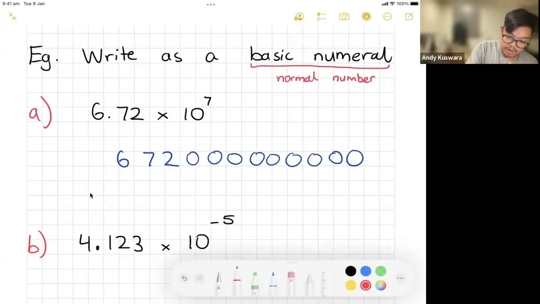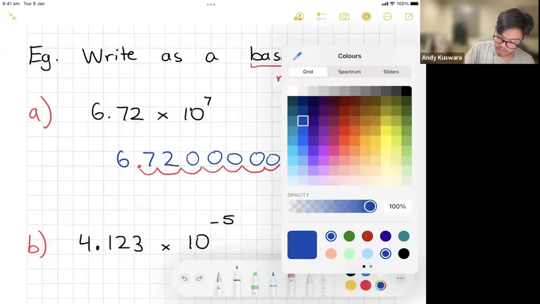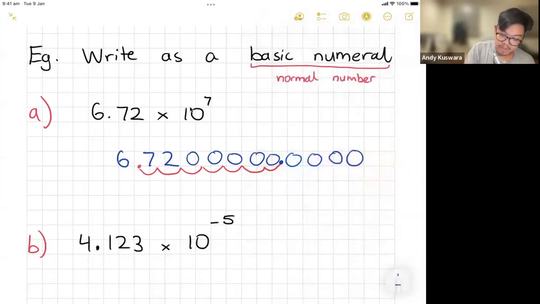Right now, my decimal place is in between the 6 and the 7. If I'm timesing it by 10 to the 7, I'm going to move it 7 spaces to the right. 1, 2, 3, 4, 5, 6, 7. And that means that's my new decimal place. I'll do it in blue. And so this here can work as my working out.